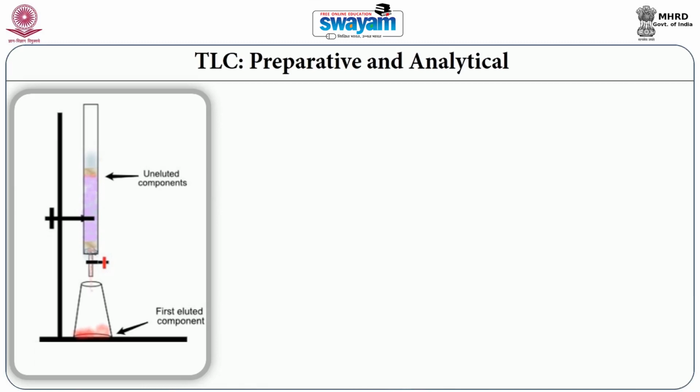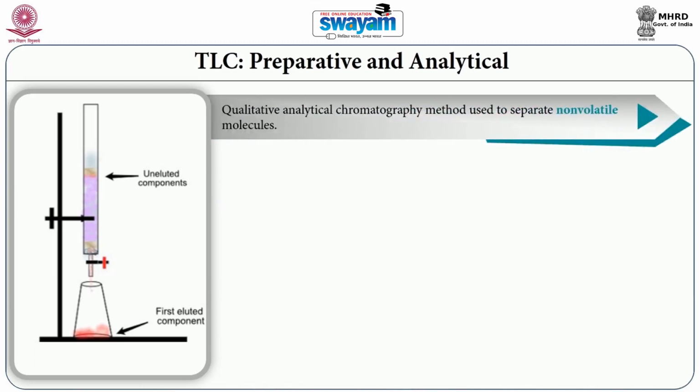So broadly it can be said that the thin layer chromatographic method is a qualitative analytical chromatography method used to separate non-volatile molecules, and it has quite a lot of sensitivity in its current form, and it is a fairly versatile technique. So there are a lot of applications, ranging from separation of plant compounds, drugs, molecules, pesticides, in which TLC can now be used.